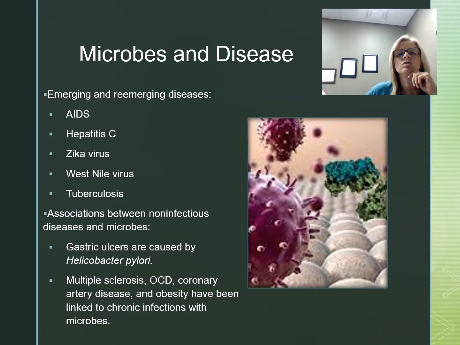So we have begun to see an increase in the number of new or emerging, and resurgence of older, which we would say are re-emerging diseases like AIDS, hepatitis C, Zika, tuberculosis, okay? And so some of these are new, some of these are going to be more re-emerging.